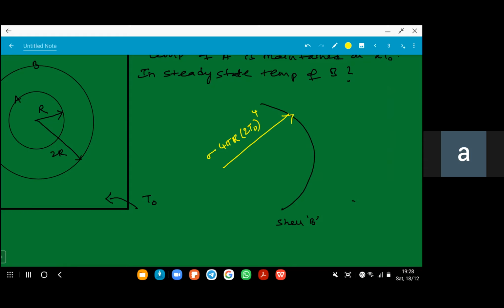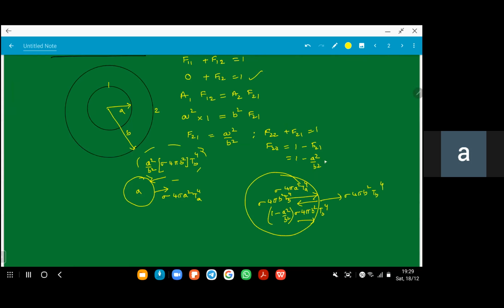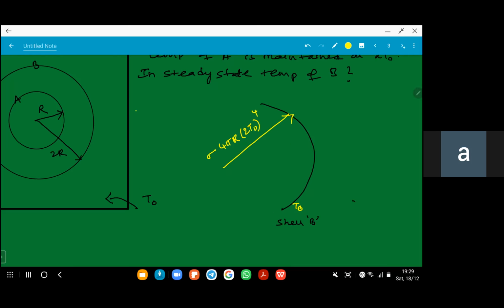Apart from this, I am assuming the temperature of this as TB. Now what will happen? 1 minus R square by 4R square, which means the 3 by 4th part it will receive again back. Don't forget, we got the expression here: F22. This is 2, this is 1, for example. F22 is 1 minus R square by 4R square, which is 3 by 4.